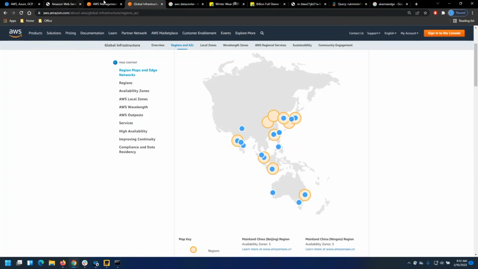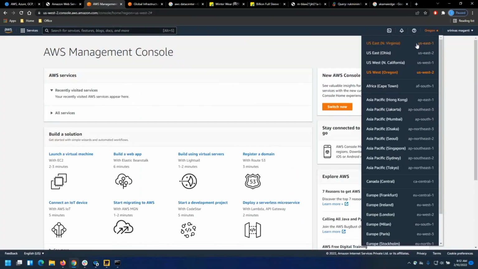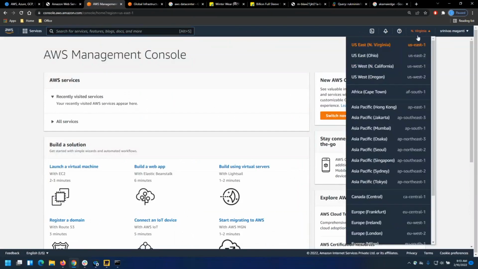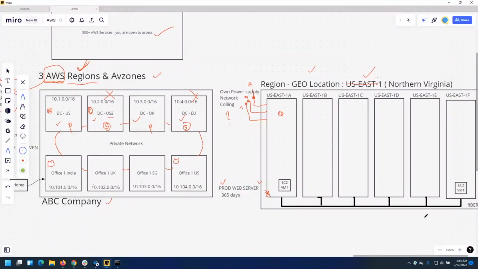In our case, whatever testing we do for lab purposes, we will test it in North Virginia. In North Virginia, as I mentioned, you will have six different buildings, and consolidated, what we call it as geolocation is technically called a region. Make sense? Any questions on this?